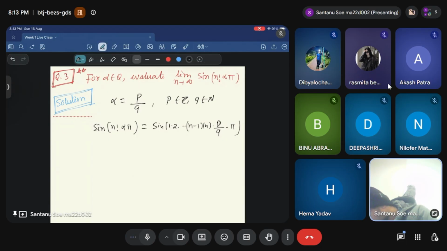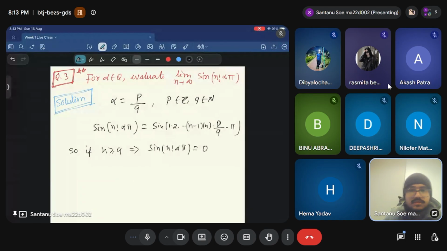So if n is greater than or equal to q, this will imply that sine of n factorial alpha pi is 0, because as long as n is greater than or equal to q, a factor of q will always be present inside n factorial.